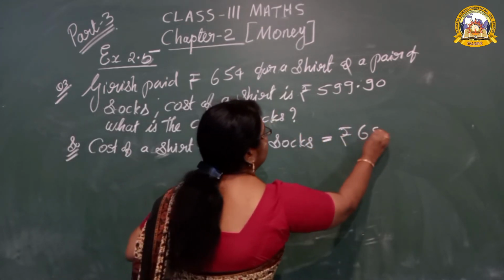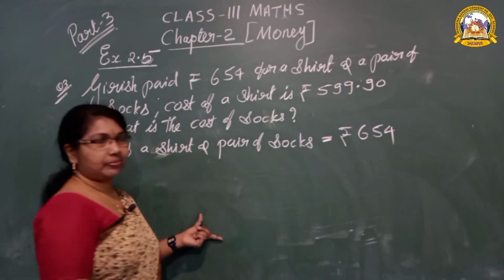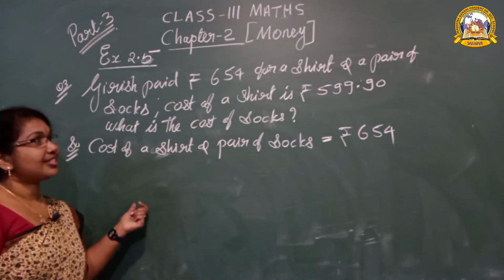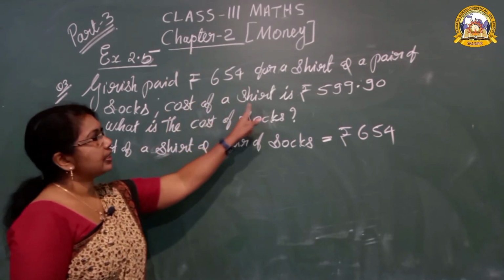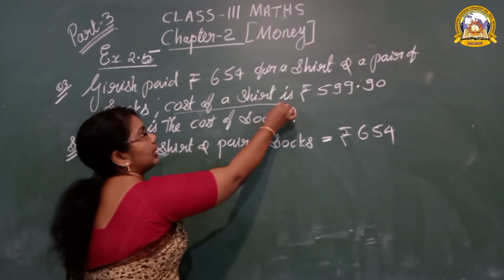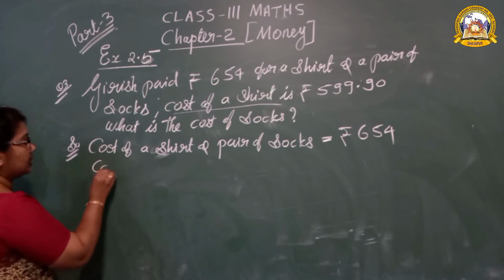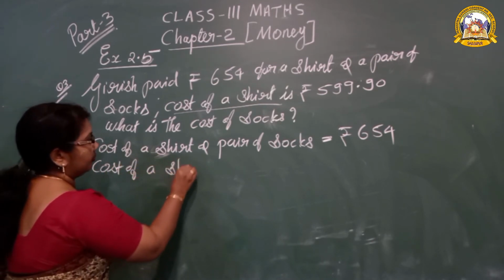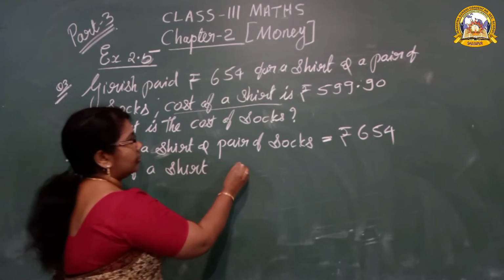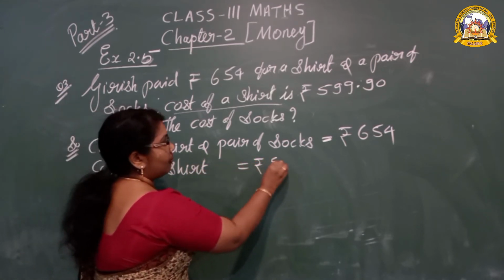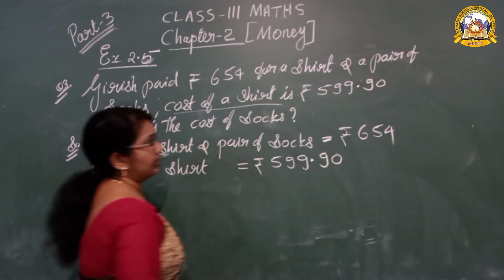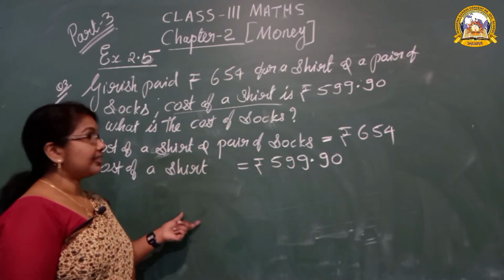Rupees 654, for both 654. What is the second step? From the question you can make the steps. Second step, cost of a shirt is equal to rupees 599.90. What is the third step?